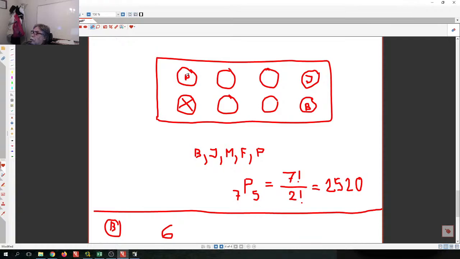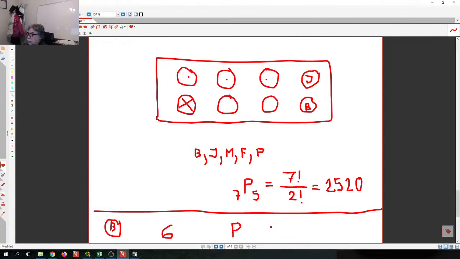But that's not all, because I definitely have to put the other 3 guys somewhere. So I can put them here or any other way. For the other 3 guys, I need to find 3 places, and that's going to be permutations, just like I was doing moments ago.